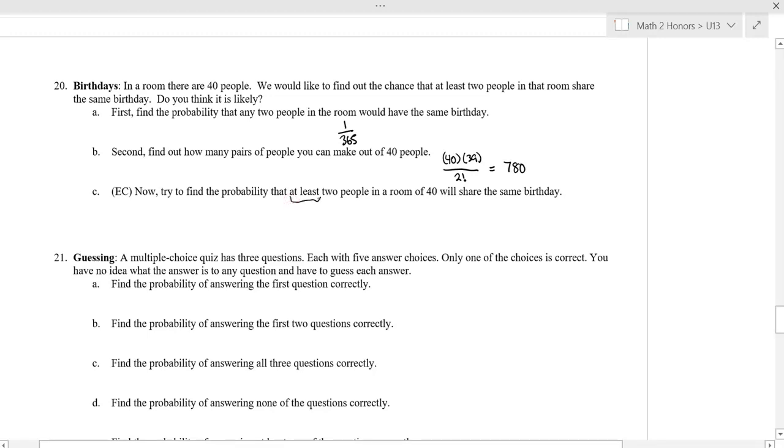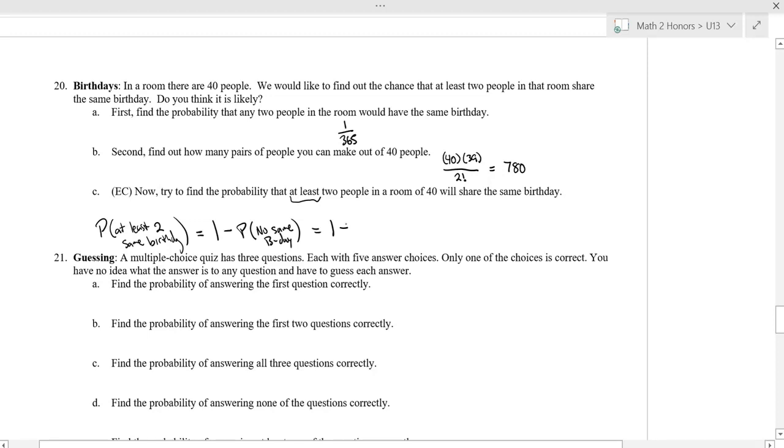Let's think, the probability that at least two people have the same birthday out of the 40 is going to be 1 minus the probability that no one has the same birthday. Okay, so 1 minus something.